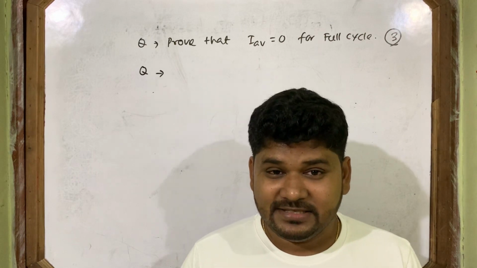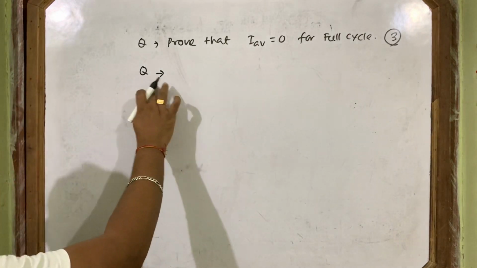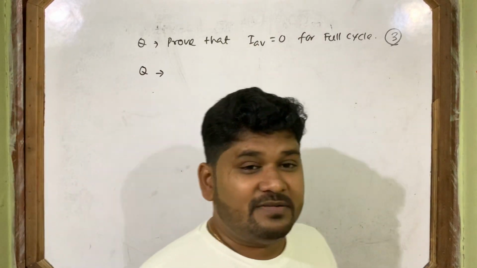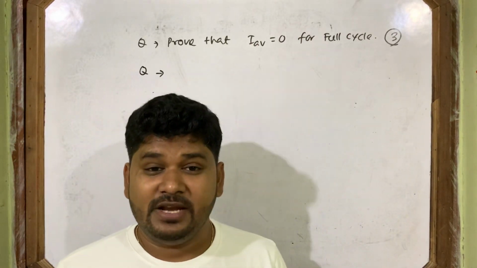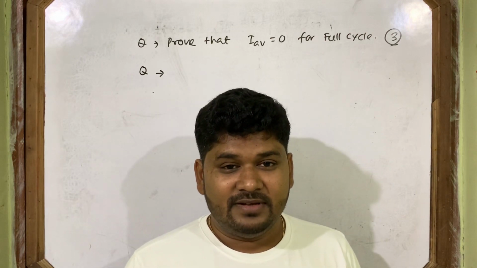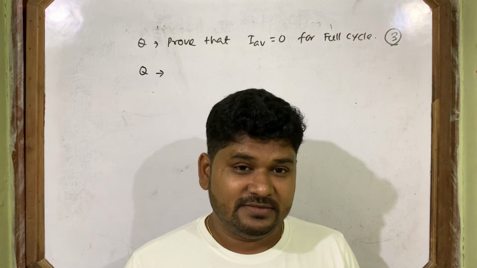I'm telling the answer: because your ordinary galvanometer always measures average value. And what is the average value of AC?